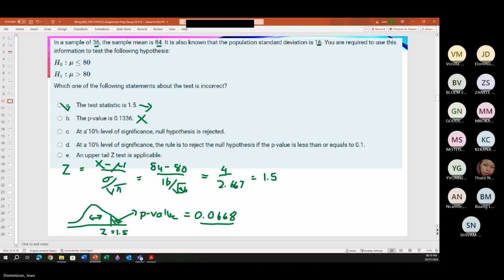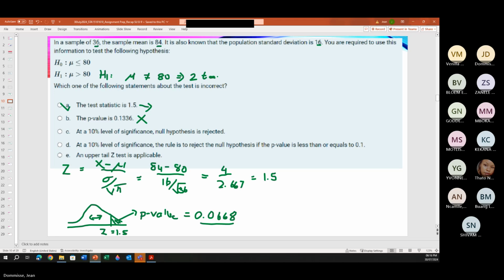If this was H1 is not equal to 80, then it would have been a two-tail, and then that would have been right.